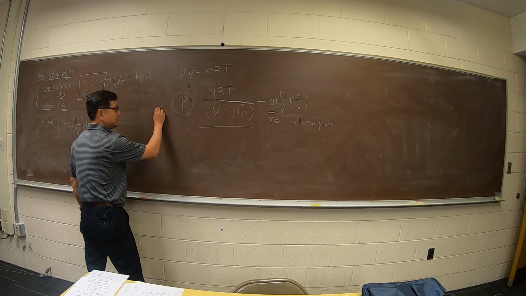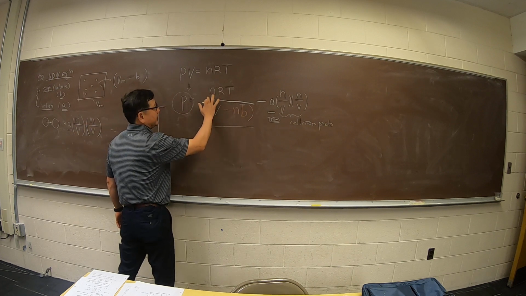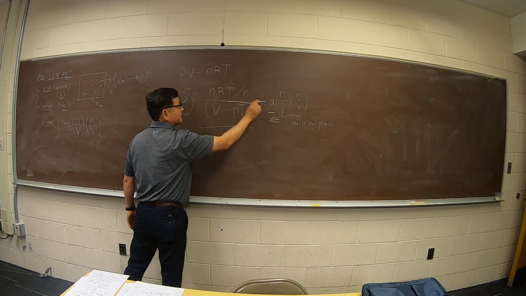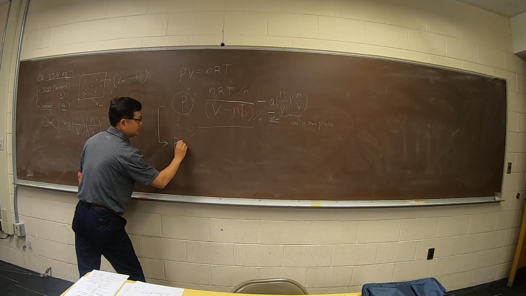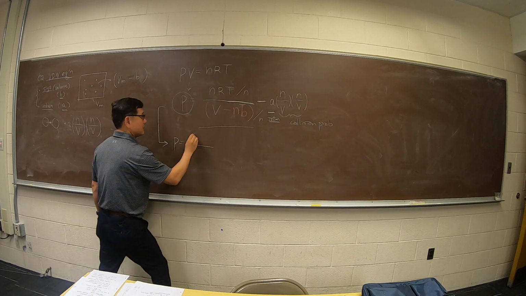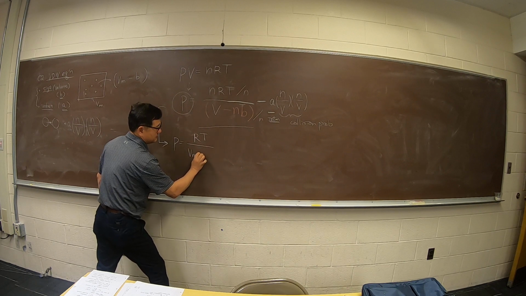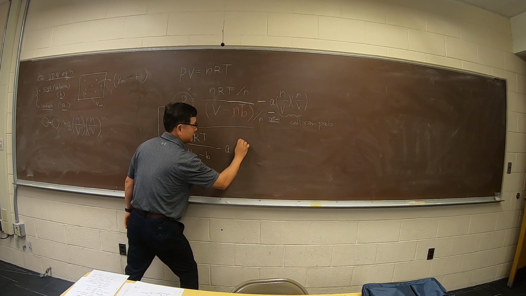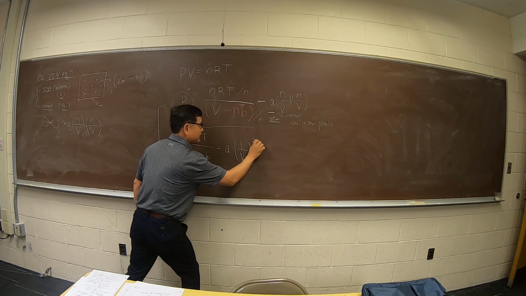The most common equation that people usually use is, instead of using n, they divide by n on both sides, and the equation now becomes pressure equals RT over molar volume minus B, minus A over molar volume squared.